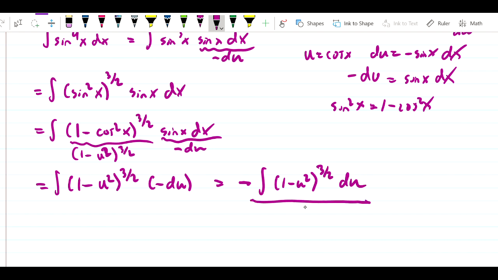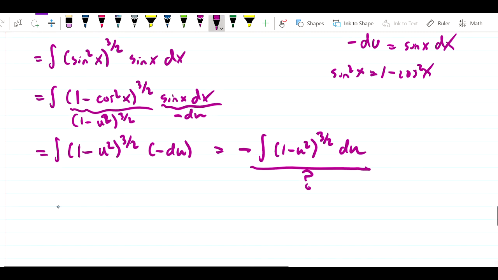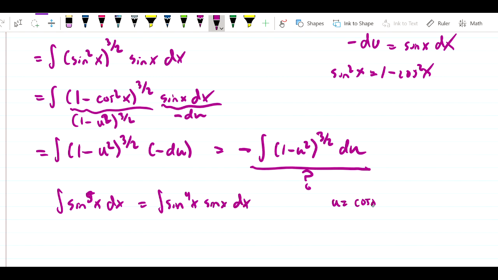So how do you do this? Well, we now know, even though we didn't know it at the time that the problem was given, that you could do this by trig substitution, but that's really, really messy. The idea is that you want to use this technique only when you start with an odd power of sine. Let's suppose that I started with sine to the fifth x dx, then I could have rewritten this as sine to the fourth x sine x dx, with again the same u equals cosine x, du equals negative sine x dx.